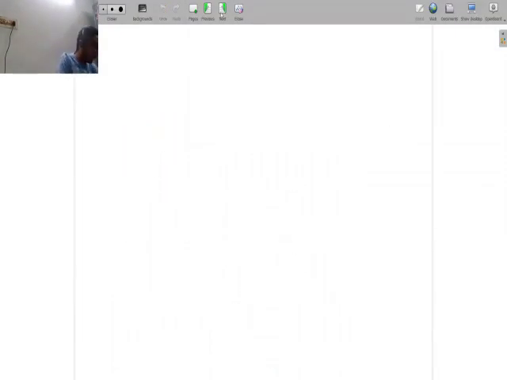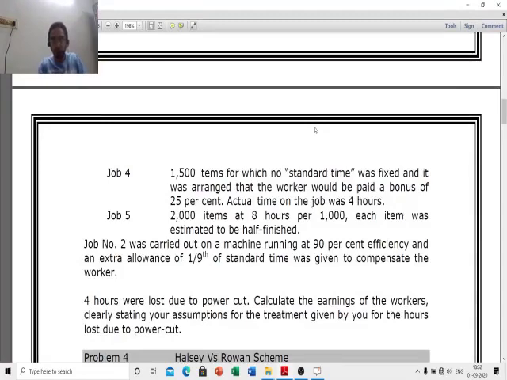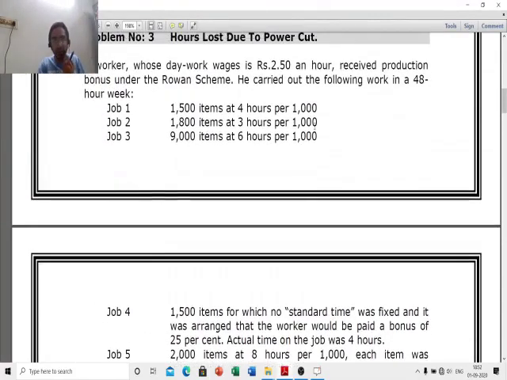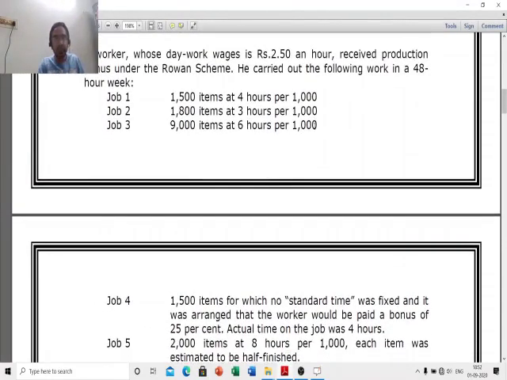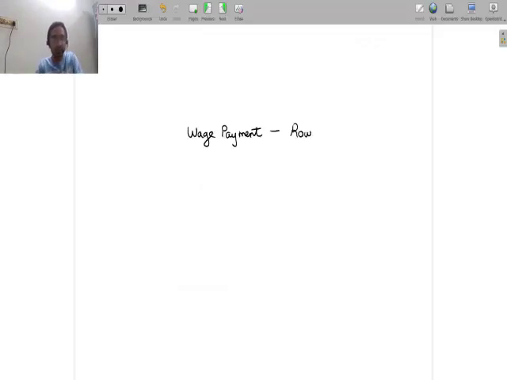Let's go to the next page here. Now, wage payment, Rowan scheme. Yes, we are supposed to do it under Rowan scheme.